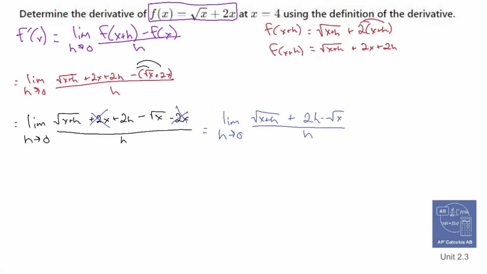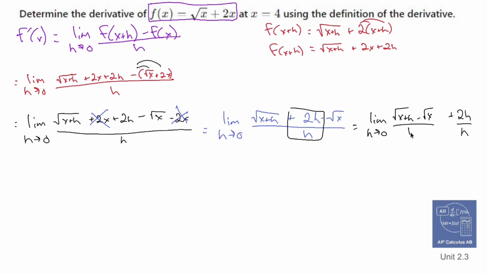Now what I'm going to do is group the roots together, and I'm going to split this off to the side and simplify it a little bit. So I'm going to keep this as the limit as h approaches 0 of the square root of x plus h minus root x, plus 2h, all over h.